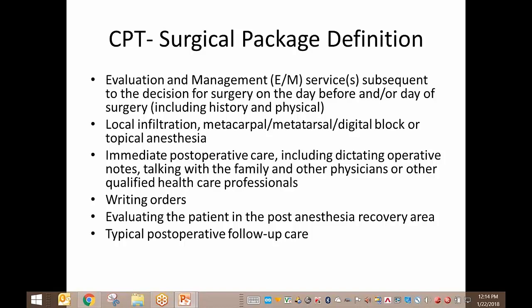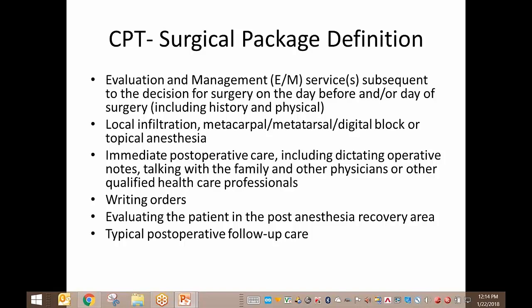So the thing we have to remember is if we're always doing something for every patient that has a particular surgical procedure performed, then that's going to be considered our typical post-operative follow-up care. You might even want to define that in your compliance plan.